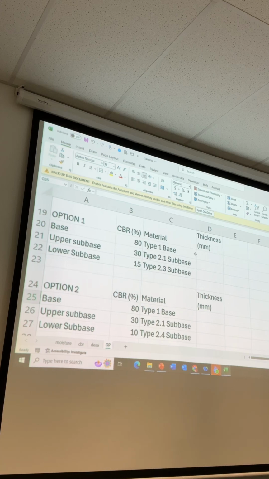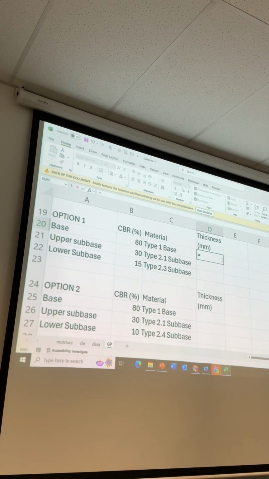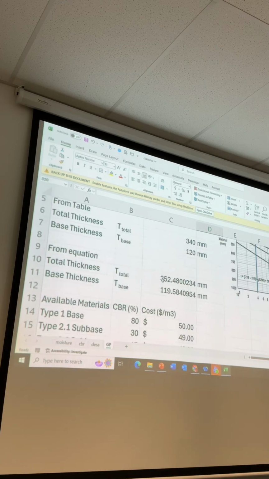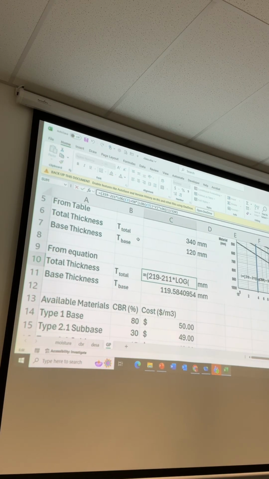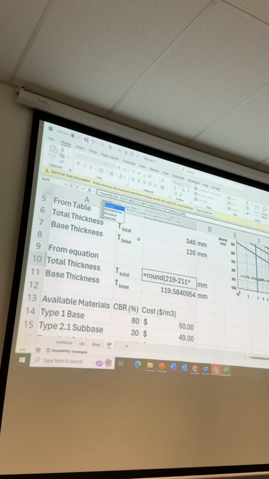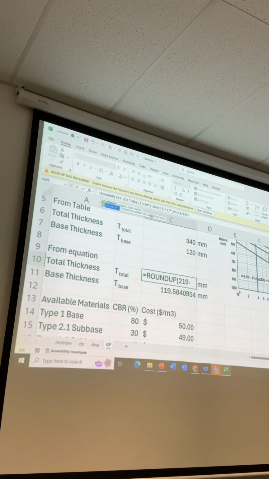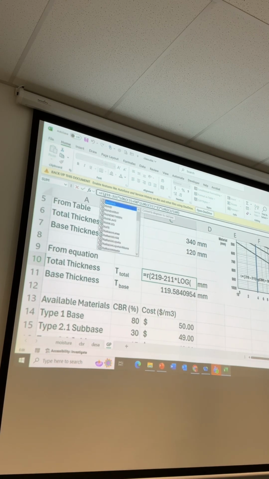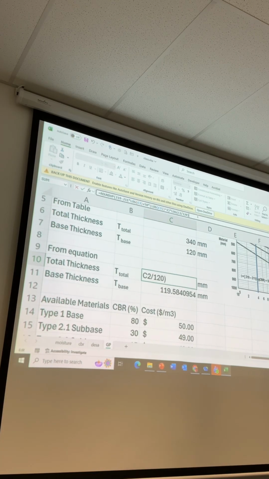So, how much will be the thickness of the base? We know. Wait, let's round these numbers. That's crazy numbers. So let's round up, with 0 digits.